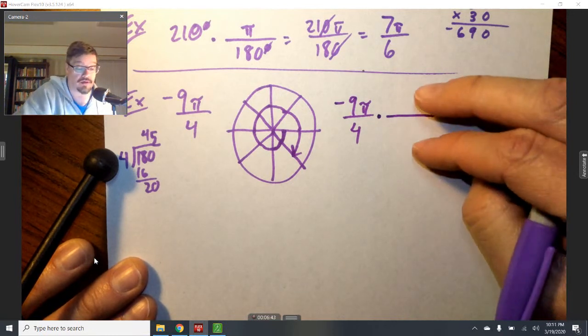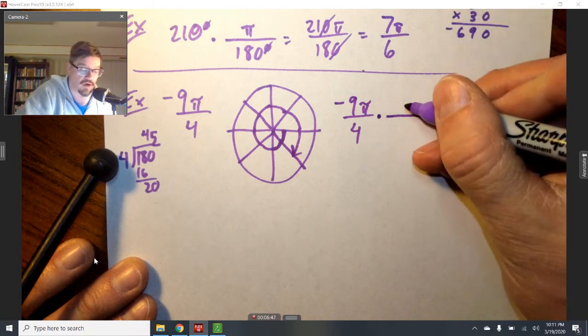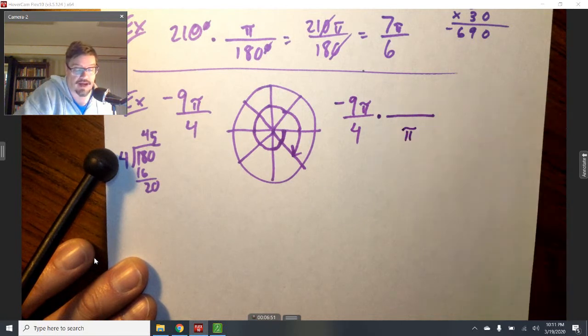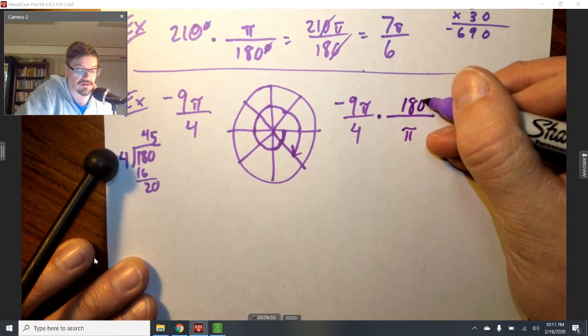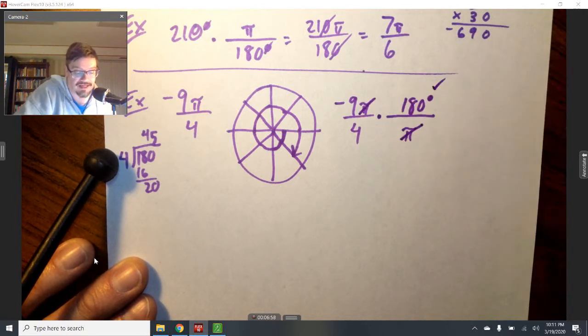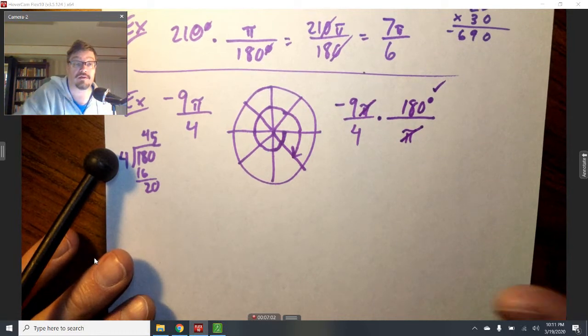So now the conversion factor has changed. I've gone from dividing by 180 to actually dividing by pi and introducing degrees. I want to eliminate the pi, but keep the degrees because that's what I'm converting to. So my degree unit should stay.